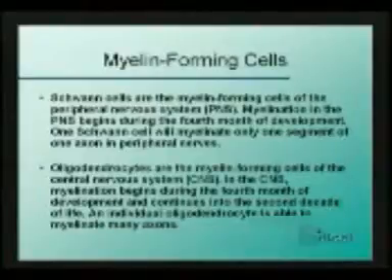Oligodendrocytes, the myelin-forming cells of the central nervous system, are capable of myelinating many segments of many individual axons adjacent to an individual oligodendrocyte. So a single oligodendrocyte is myelinating many segments of many axons, whereas a Schwann cell is only myelinating a single segment of a single peripheral nerve axon.